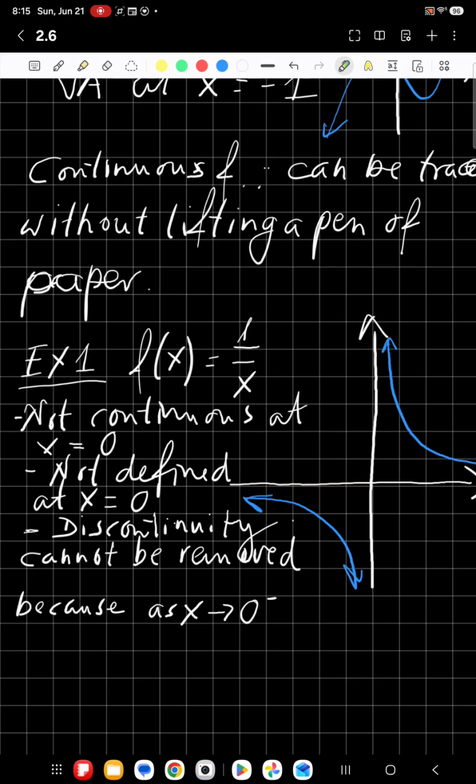And if that is happening, then the y's are going towards negative infinity. So f of x is approaching, right? So that limit is going towards negative infinity, or is negative infinity. And then when I approach 0 from the right, I get positive infinity.